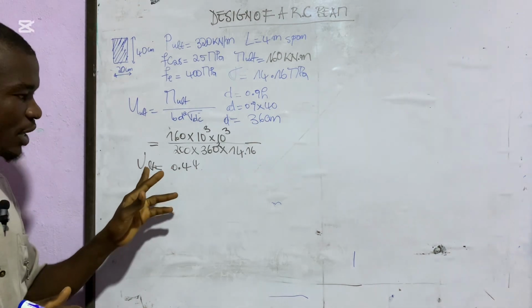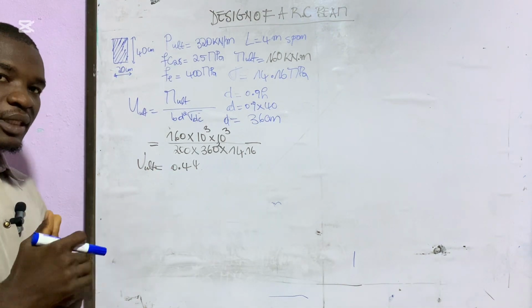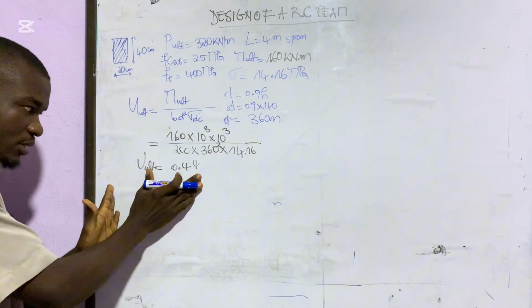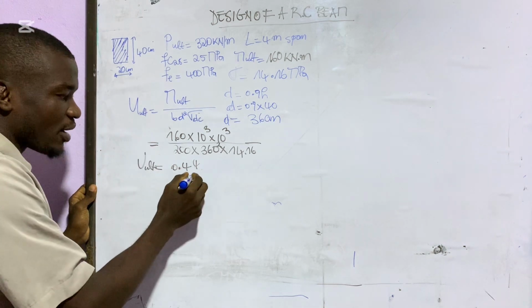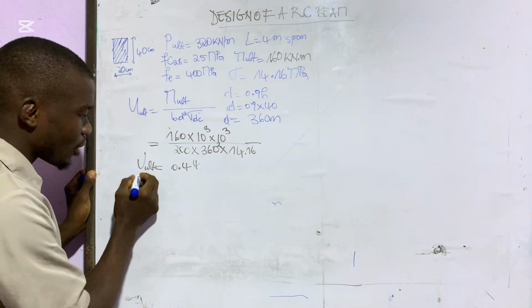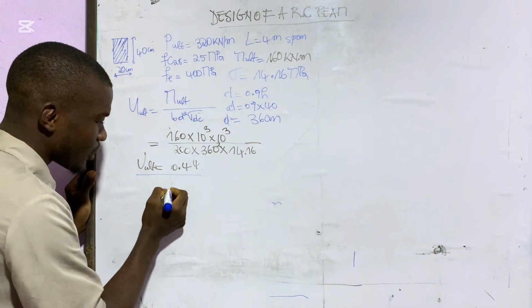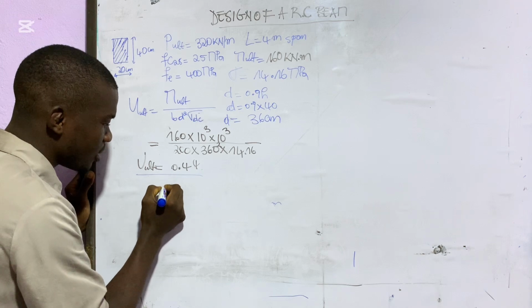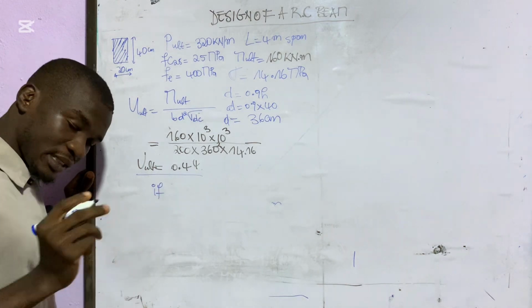When you have your mu ultimate, you just have to compare it to certain standard values. We have three scenarios.